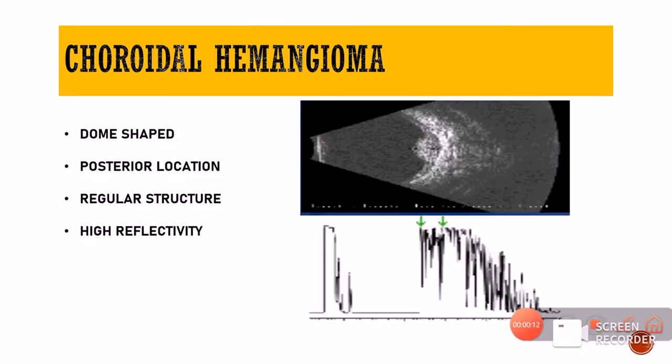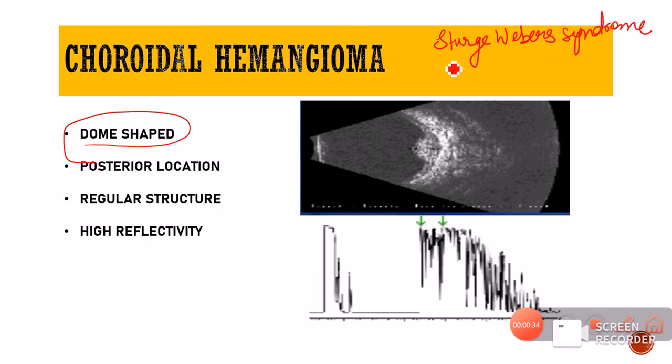Now let us talk about another lesion, the choroidal hemangioma, which is a very close differential of the choroidal melanoma. A choroidal hemangioma also can be dome shaped. However, we do see diffuse types of choroidal hemangiomas also, specifically in the case of Sturge-Weber syndrome, where we are going to see a diffusely spreading hemangioma rather than a localized one.